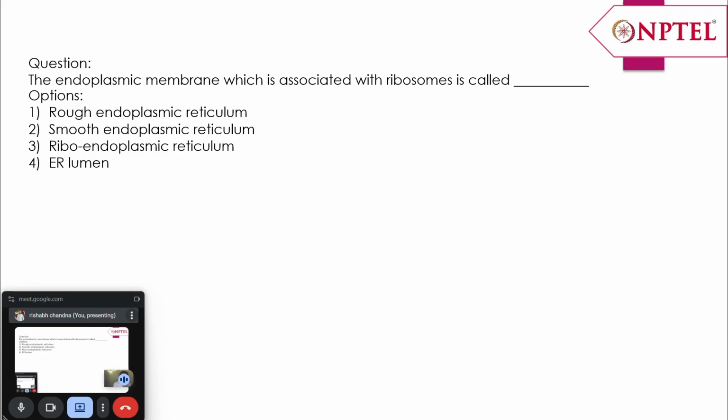The endoplasmic reticulum membrane, which is associated with ribosomes, is called. So what can be the correct answer? The correct answer is option 1, that is rough endoplasmic reticulum.